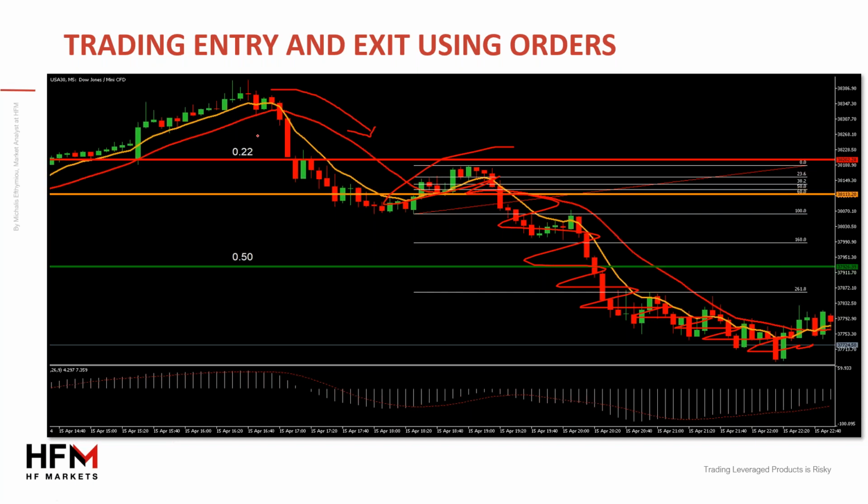But I can see some downward price movement and I want to trade the downward trend, but I want to wait for the retracement first. The retracement starts to form. I've drawn my Fibonacci based on this high and this low, like we did last week on the strategy that we were looking at. And basically, we want to trade at this orange line.